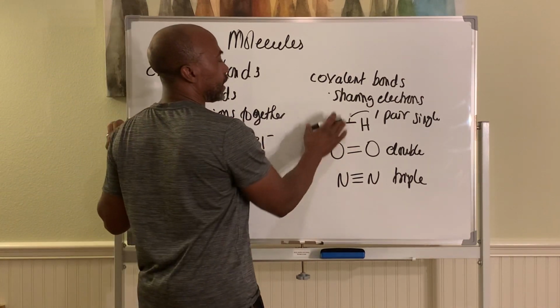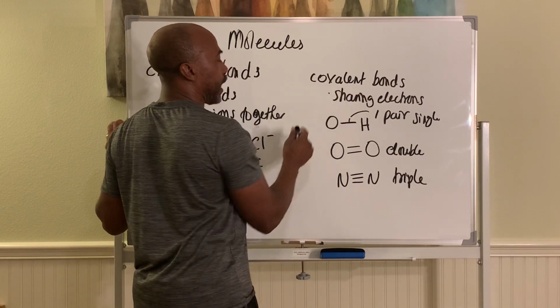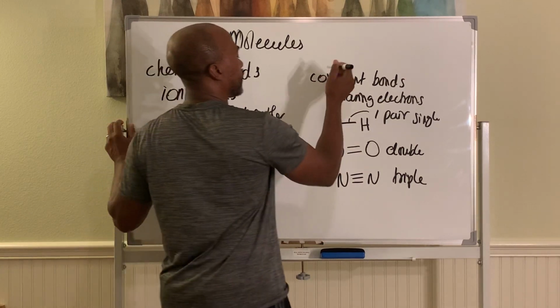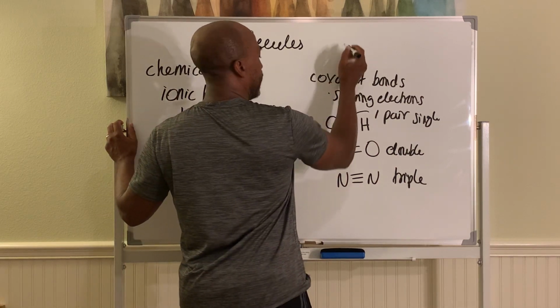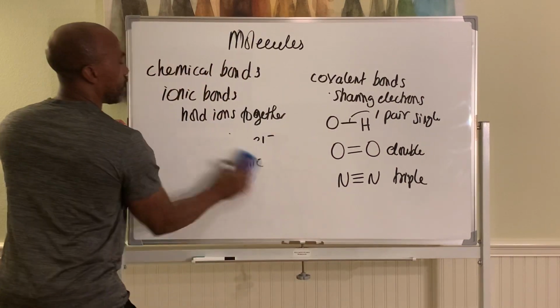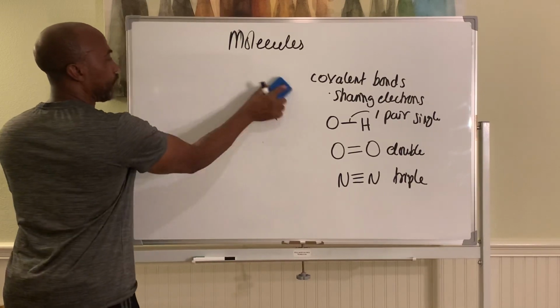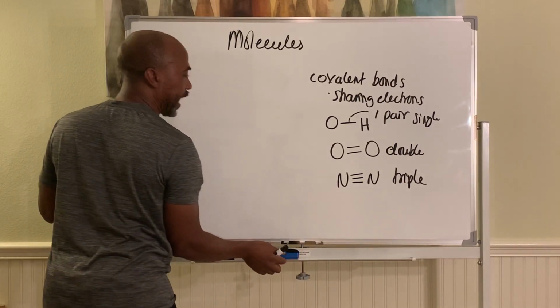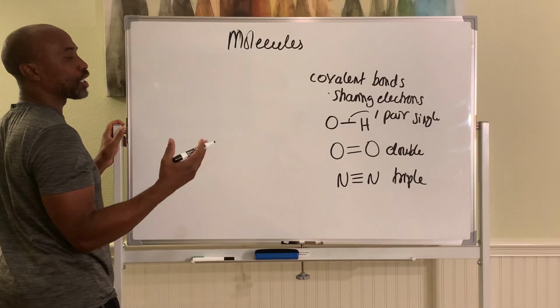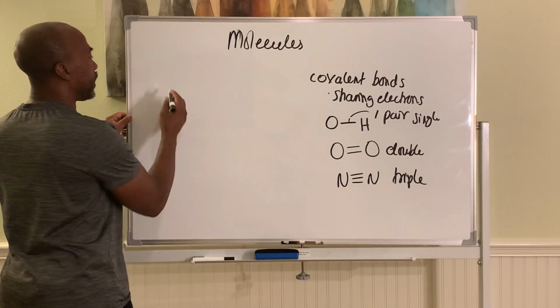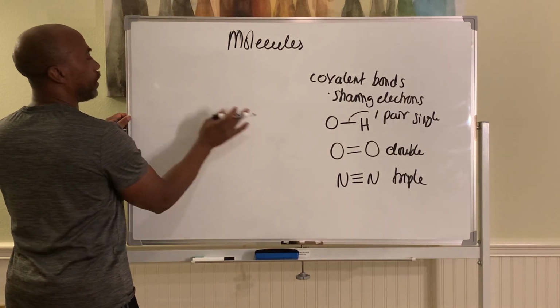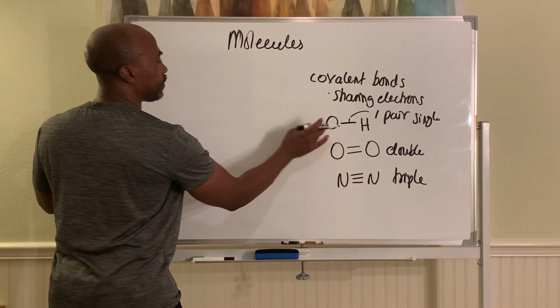Sometimes these covalent bonds are polarized. For example, with oxygen and hydrogen, oxygen is very electron greedy. It attracts electrons, especially in an effort to satisfy its octet requirements, and so it's said to be quite electronegative.